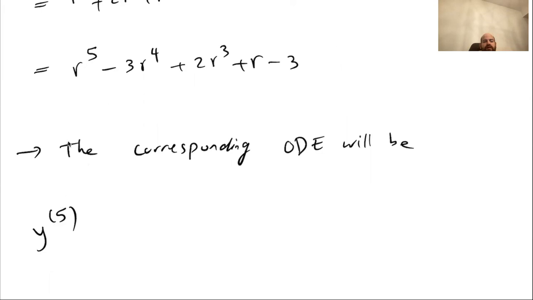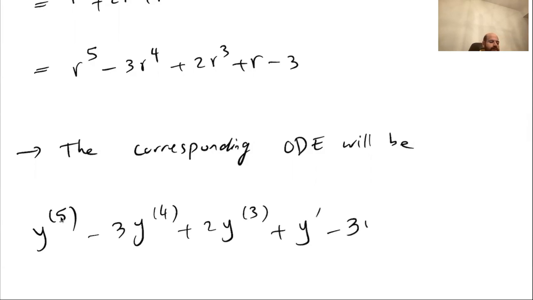So r to power 5 will be replaced with y fifth derivative, minus 3y fourth derivative, plus 2y third derivative, plus y first derivative, which means y prime, minus 3y, because this is r to power 0, and that will be replaced with y zeroth derivative, which is y itself.